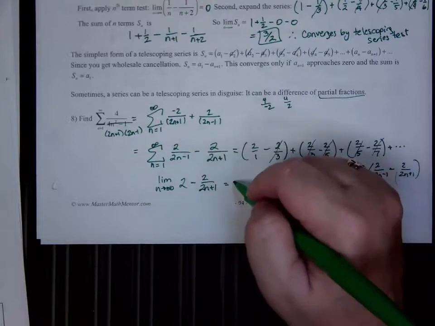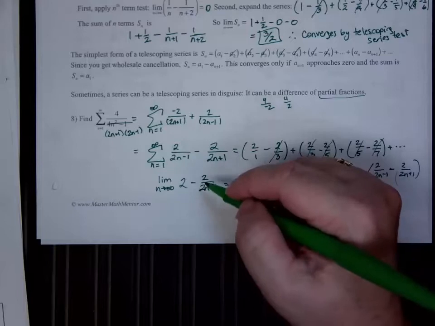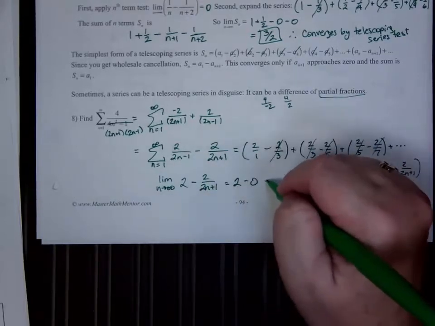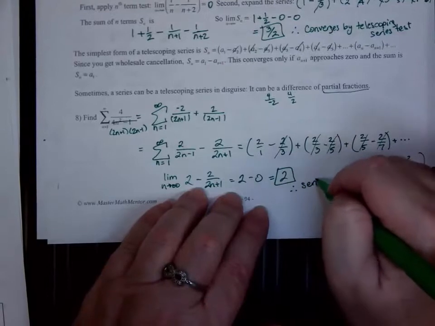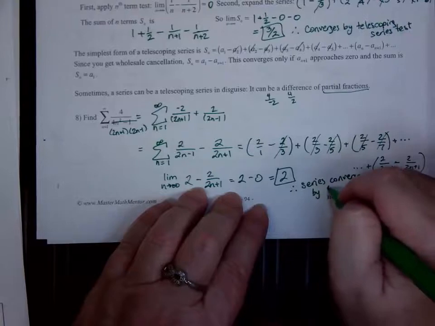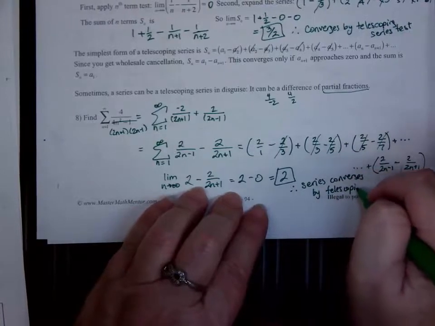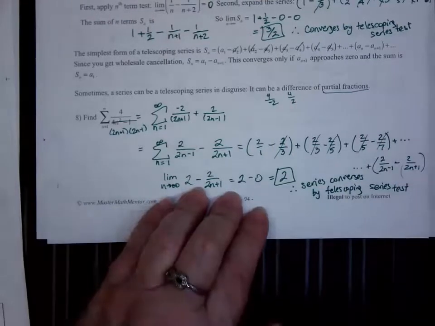What about the fraction? As n approaches infinity, the fraction goes to 0. So the limit is 2. Therefore, the series converges. I didn't have to write series, I just did. By the telescoping series test. Because I got an answer.